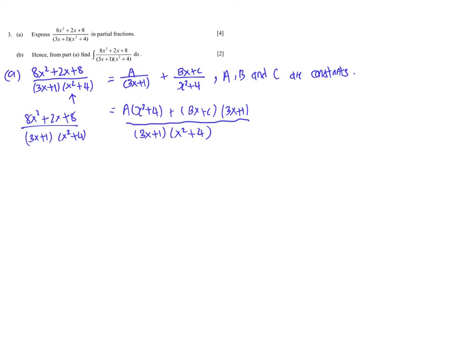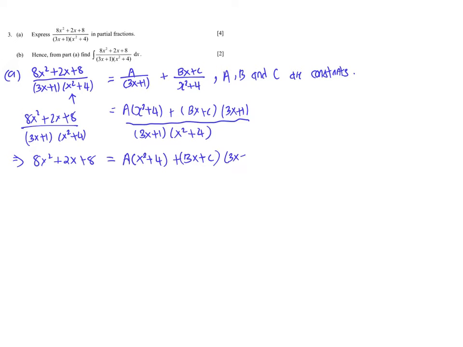Since the denominator is the same on both sides, I can just compare the numerators, which is 8x squared plus 2x plus 8 equals A(x squared plus 4) plus (Bx plus C)(3x plus 1).